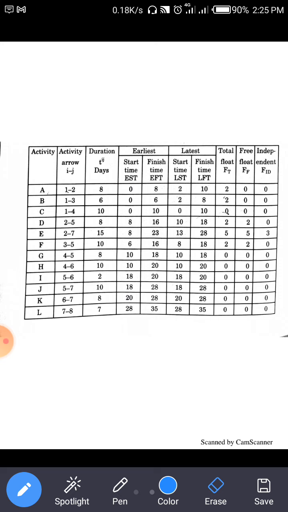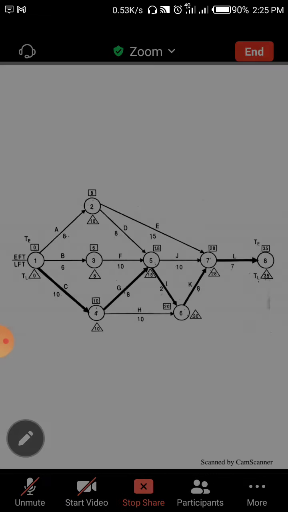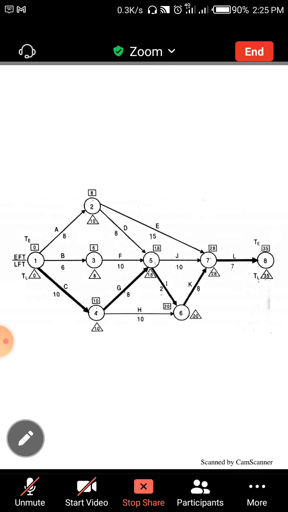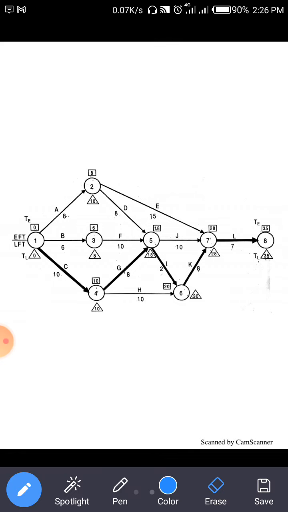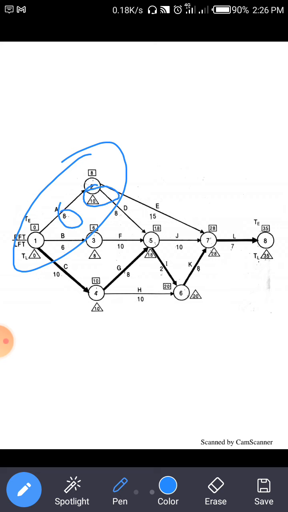Then after that, latest starting time and latest finish time we write from the figure. For activity 1 to 2, latest starting time is 10 minus 8, which is 2, and latest finish time is 10.